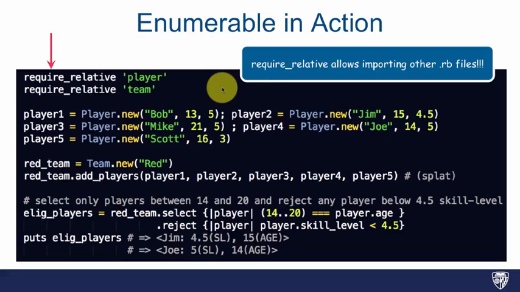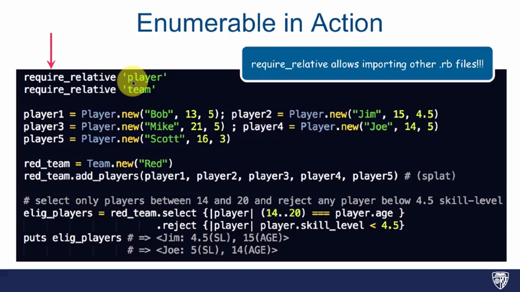So maybe in a third place, you'll have a regular .rb file, and you could require_relative the player file and the team file. And require_relative just basically means relative to this file, where are those files?